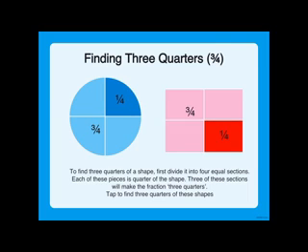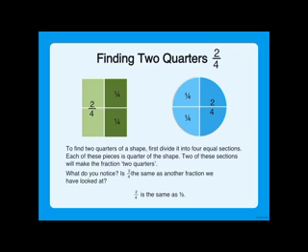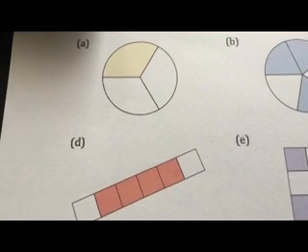So 3 pieces out of 4. 2/4 can be written as 2/4. If you cut an item into 4 equal pieces, you will see that 2/4 is also the same as another fraction, the half. So let's have a go at some questions.